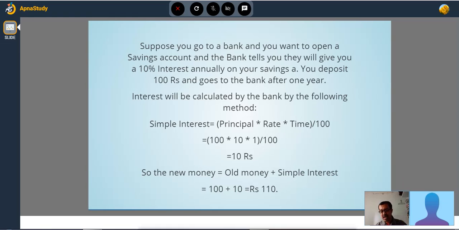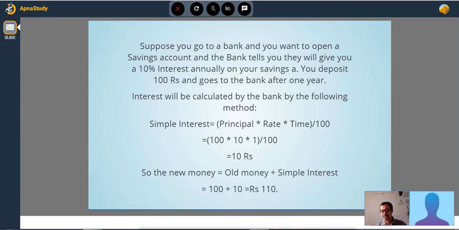So it should be 9 by 12, which is equal to 3 by 4 years, sorry for that. And the rate of interest, as I just told, is 16 2/3%. So it should be 50 by 3%. How did it come? 16 into 3, 48, plus 2, 50 by 3% per annum is the rate of interest.